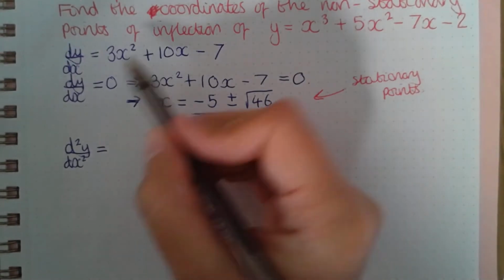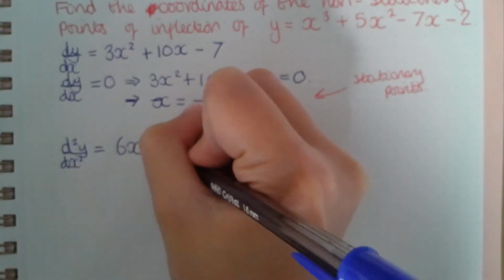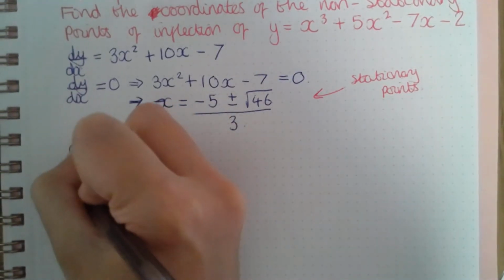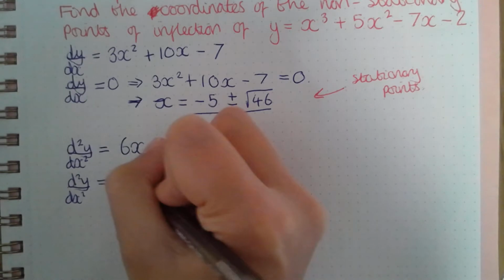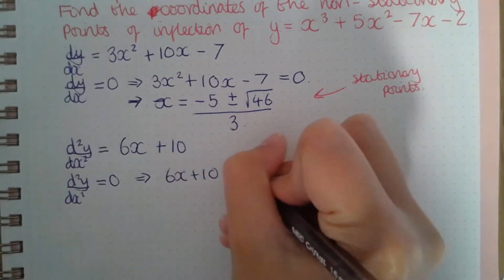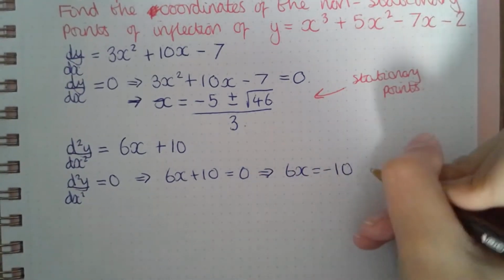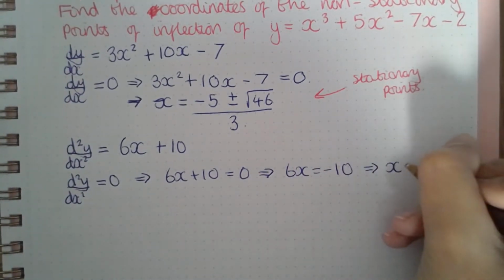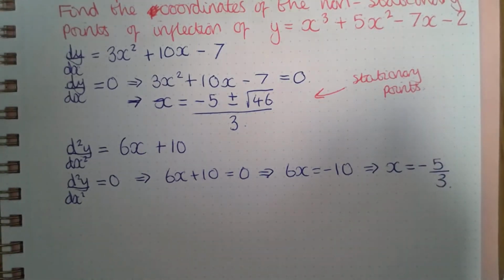So the second differential, 3 times 2 gives us 6x plus 10. We want it to equal 0. So that means that 6x plus 10 equals 0, which means that 6x equals negative 10, which means that x equals negative 5 over 3.